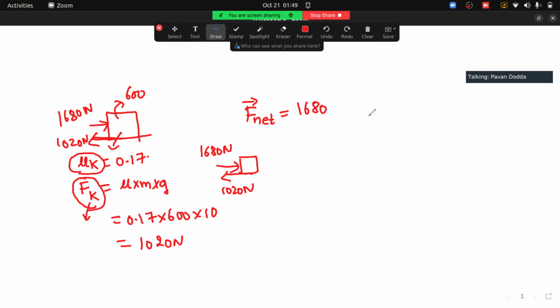So what would be the net, resultant force? Can you say that again, please? Basically, I'm applying 1680 newton towards the right side.